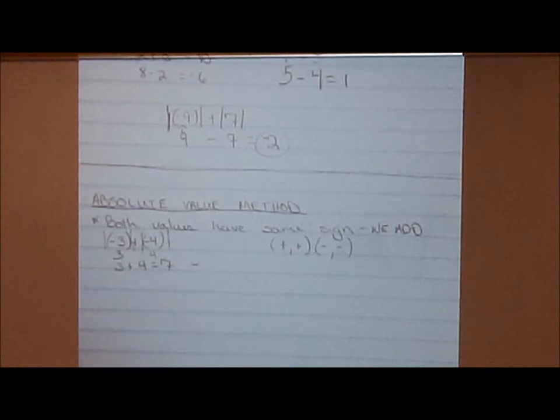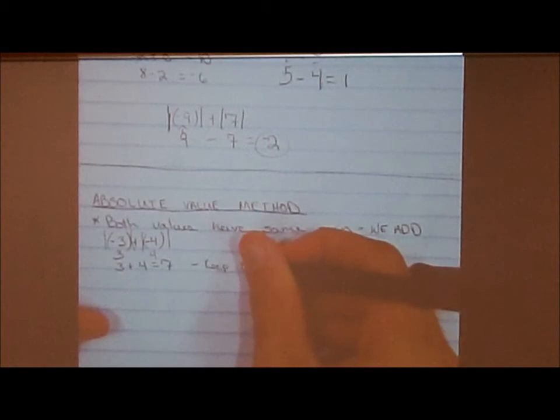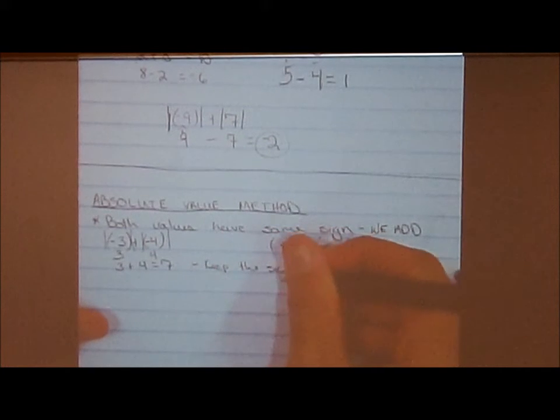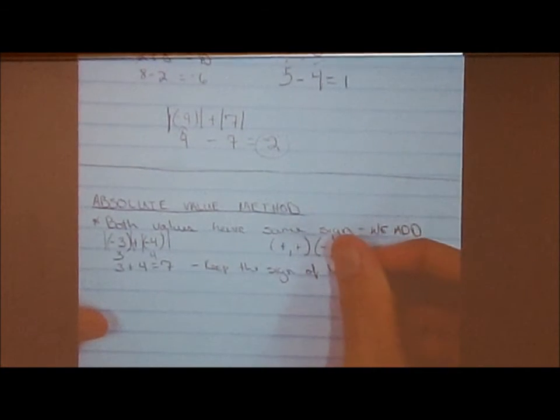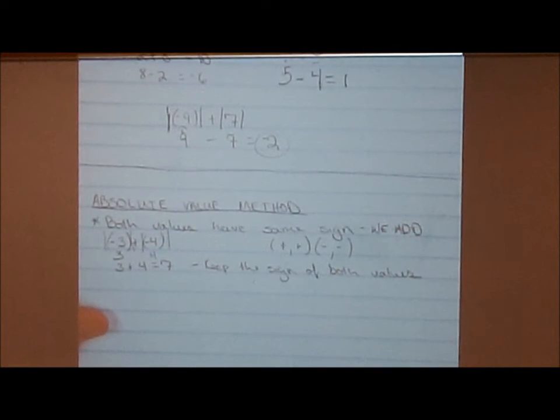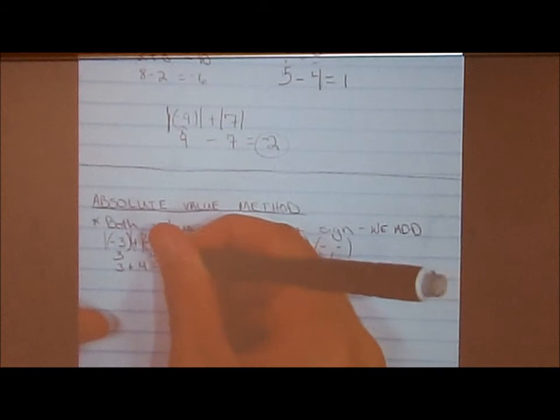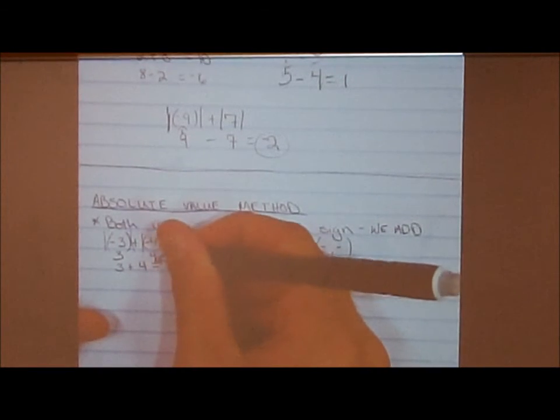What do they both have? So guess what their final answer is going to be? Negative. Keep the sign of both values. Keep the sign of both values. Well, that just so happens to be a negative. So draw my little arrow.